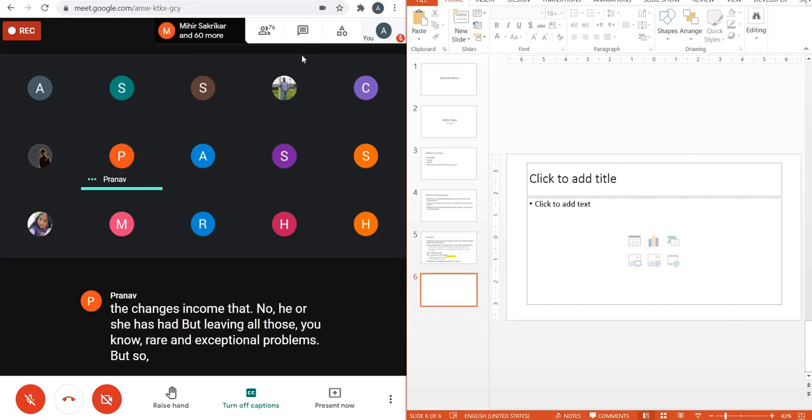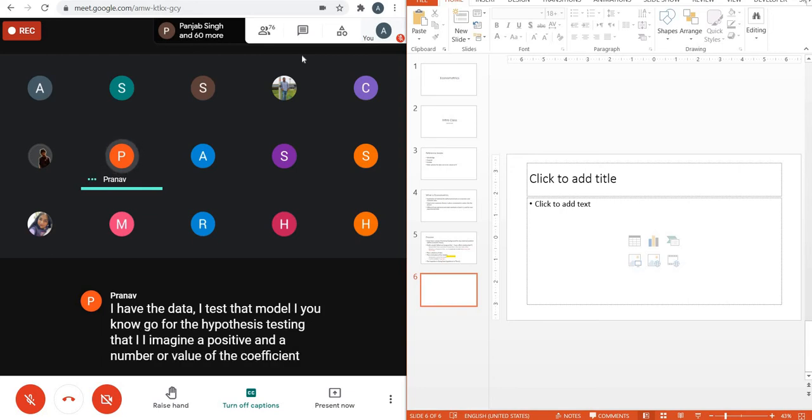an econometric model will be built. Let's say I use an OLS model. Then I have the data, I test that model, I go for the hypothesis testing, where I imagined a positive value of the coefficient attached to the income lying between 0 and 1. If I get that value, well and good, I establish my thesis.